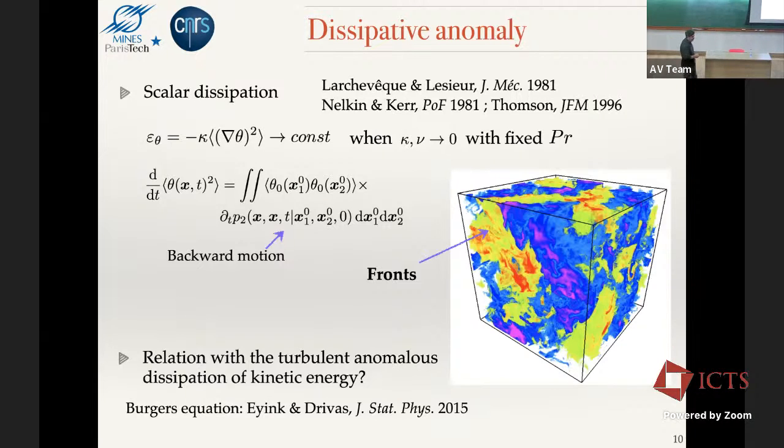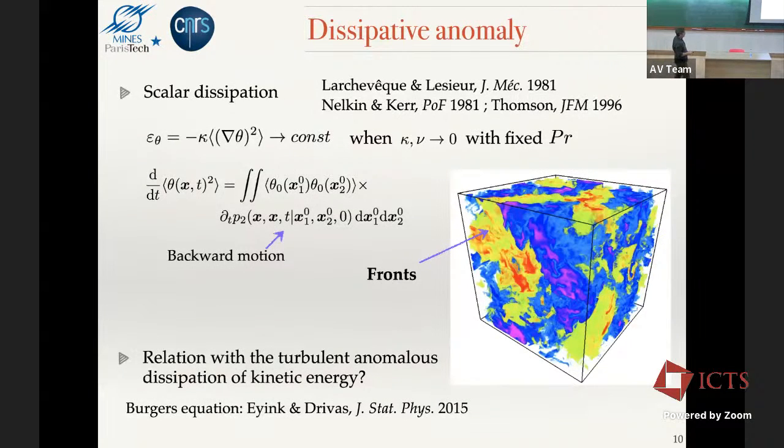So it's a detail. What is important is that what you need to have non-unique in order to get scalar dissipation is the backward flow. You have to be able to bring to the same position different trajectories, which bring with them different values of the scalar field.